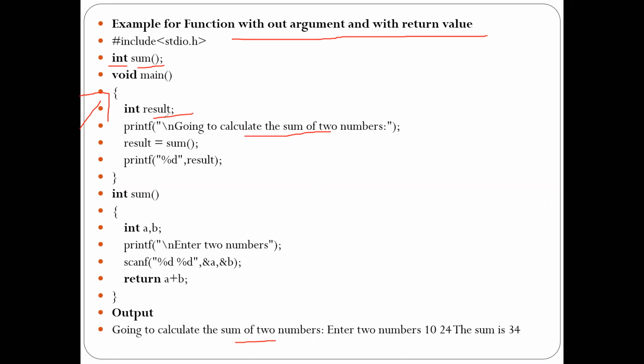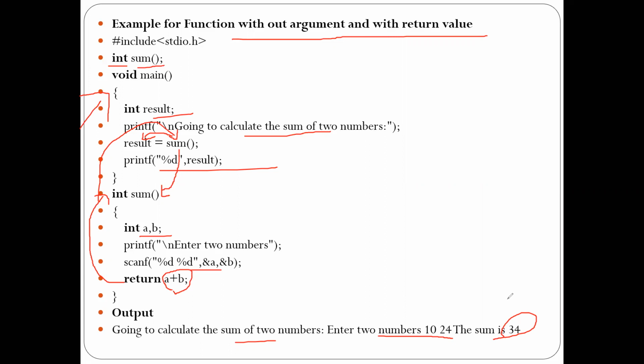It prints that, and calls the defined function sum, and 2 variables have been declared within the function, and we input the values 10 and 24. It will be totaled and returned as an integer to where it was called, and that value will be stored into the variable in the main function and printed as 34.